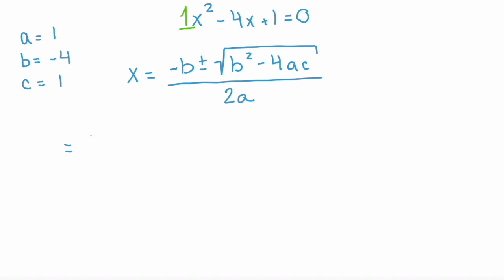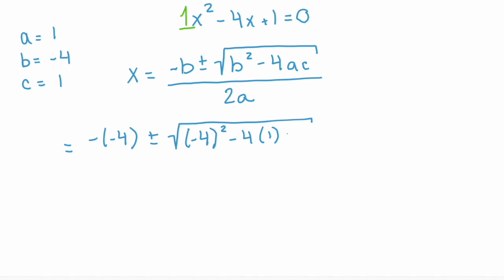So negative b would be a negative 4, plus or minus the square root of negative 4 squared minus 4 times 1, divided by 2 times 1. Now we can start simplifying.